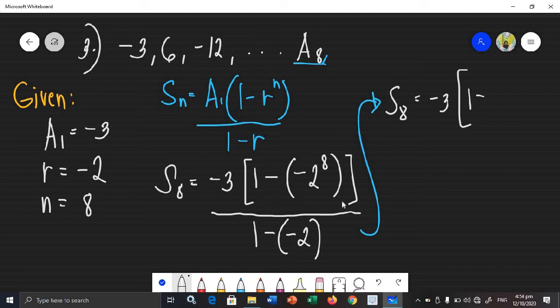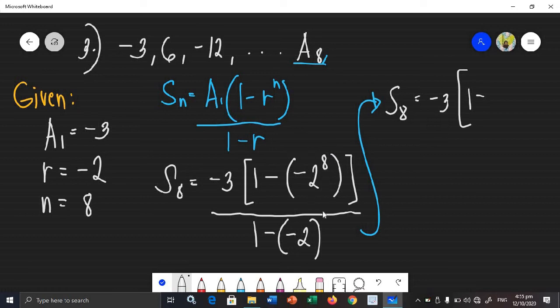So, ito yung sinasabi ko na naman kanina. Negative 2 raised to the 8th power. Ang lalabas na sagot dyan sa calculators nyo, ayan, negative 256. Bakit negative pa din? Dapat positive na kasi even yung exponent.